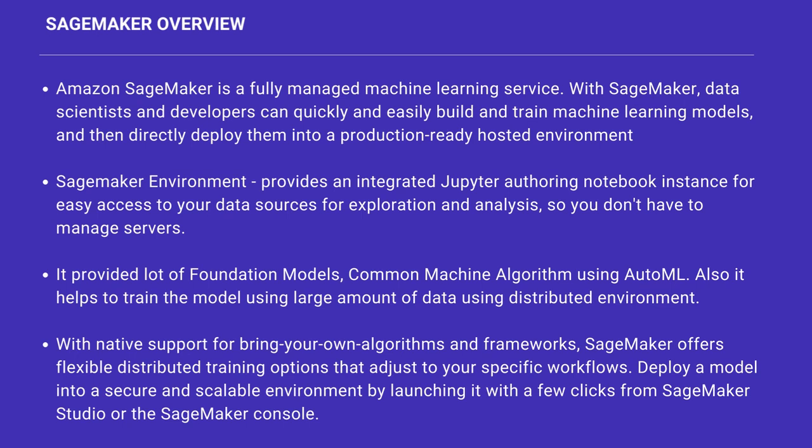Also the Feature Store is very important. Once your model goes to production and your data scientists spend more time on building a feature, other models may need to reuse those features. So SageMaker Feature Store can store the features and you can use it as part of your low latency and real-time inference use cases.